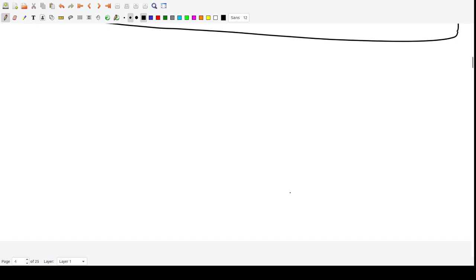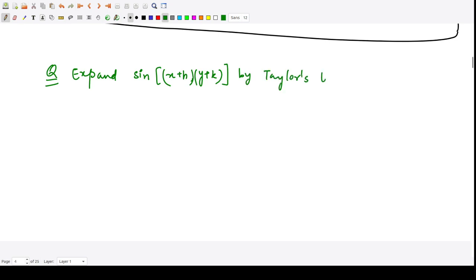Let us see one question. The question here is, they are saying expand the function sin(x + h, y + k) by Taylor's theorem up to second degree.